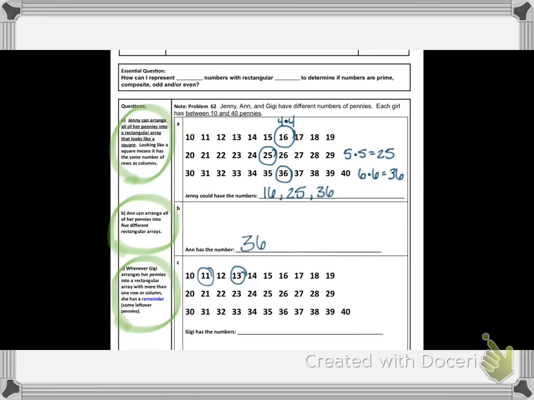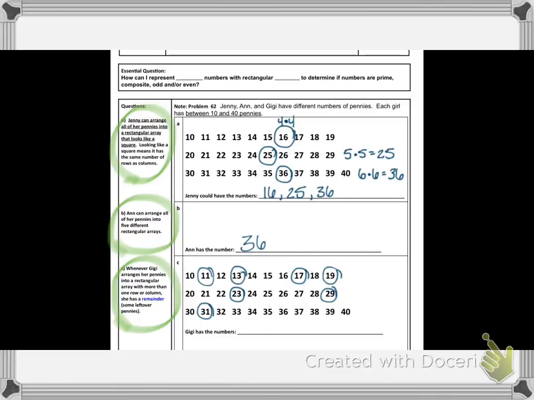As we continue to look through our cherry sheet of paper, 17 could be one of her numbers. 19 could be one of her numbers because it's only 1 times 19. And then continuing on, she could have 23. She could have 29. She could have 31.